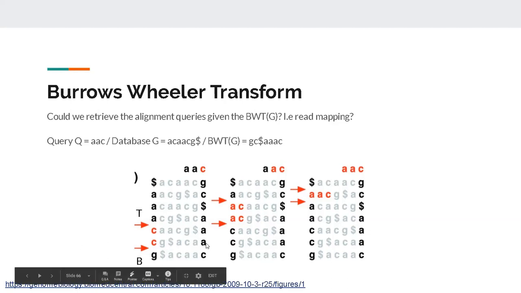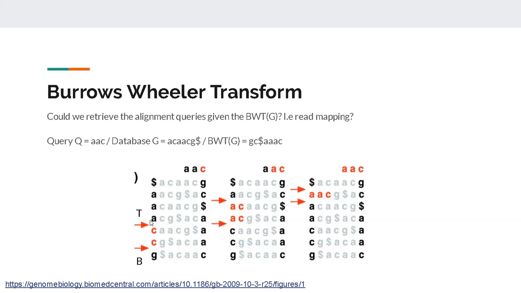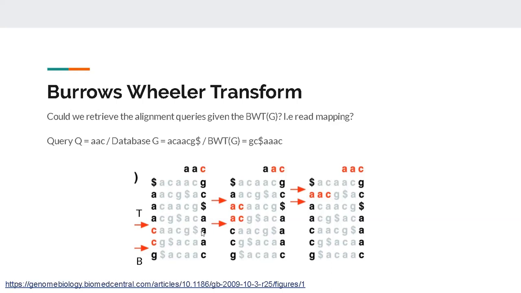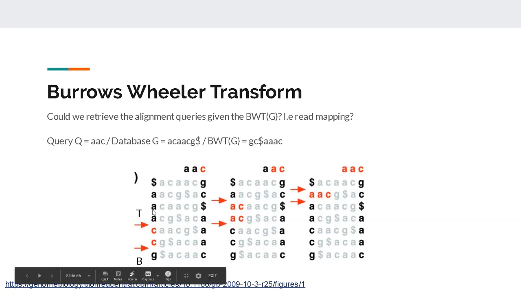This A has a rank of 3, so we will move to an A with the rank 3 in the first column, and not this A. So remember, only because of the last-first mapping property are we able to choose out of these 3 which A's we have to move to. Not this A, but this A and this A, because the ranks of these and these match with each other.